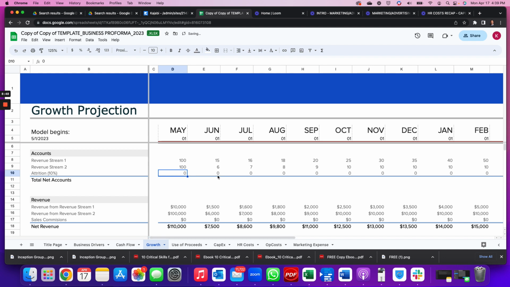Okay, so now let's bump these up by, let's say our goal is to grow by 5 to 10% per month. So let's say that this is 105, 105. Let's say that this is 115, 115, 125, 125.